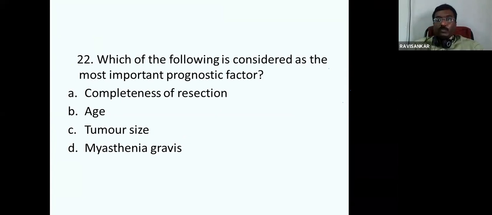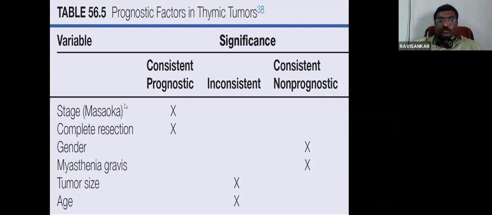Which of the following is considered the most important prognostic factor? Completeness of resection, age, tumor size, or myasthenia gravis. Yes, definitely. So the stage and completeness of the resection are considered the most important factors.